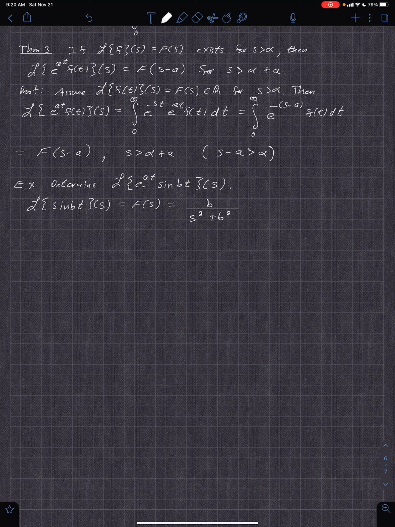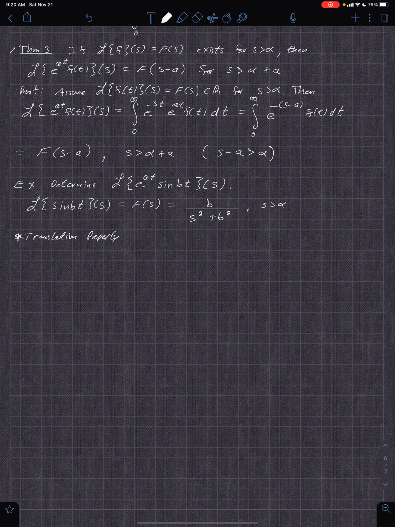And then applying the translation property, this is still true for s greater than alpha. So by the translation property above, let's mark that.